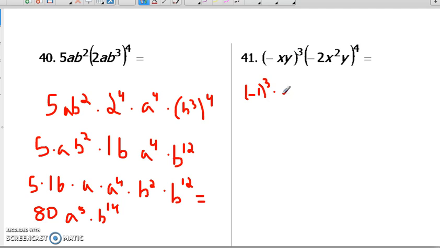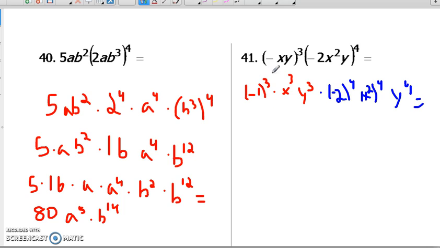And then I take x to the third power, y to the third power. Okay. Then I can come over here and take this -2 and raise this -2 to the fourth power, x squared. Oh boy, those are parentheses. To the fourth power, and then y to the fourth power.